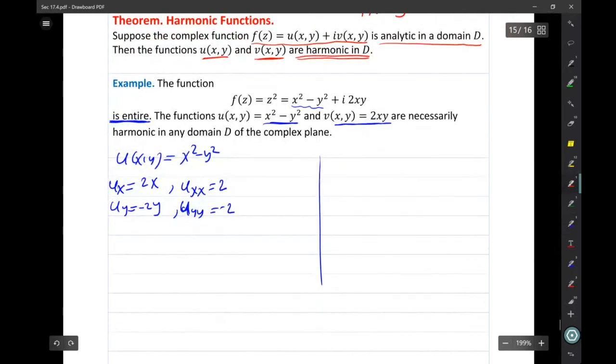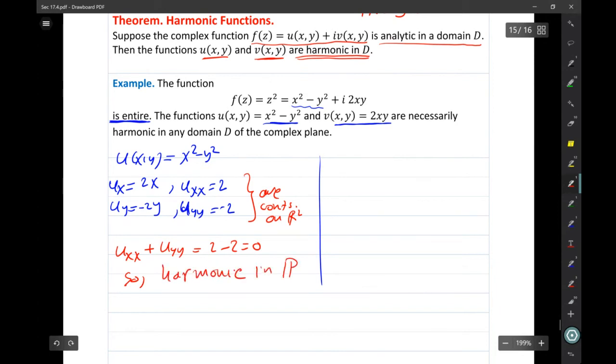All of these derivatives are continuous on R square. Also, u sub xx plus u sub yy is equal to 2 minus 2, which is 0. So it is harmonic in R square.